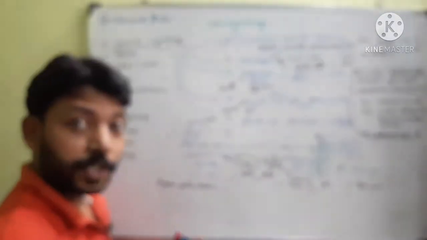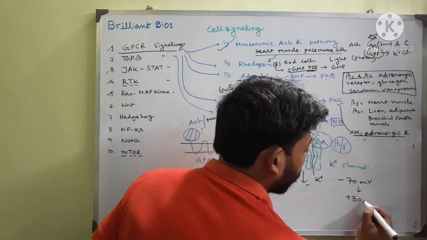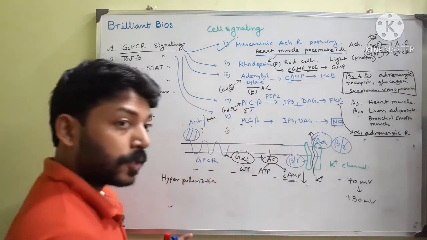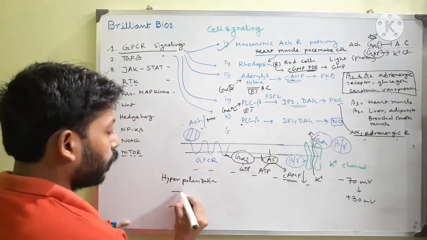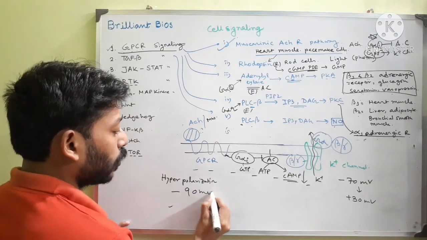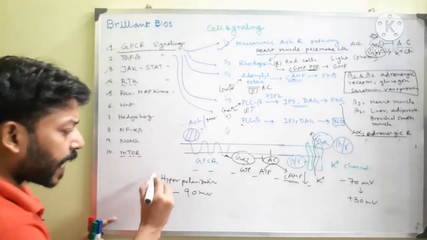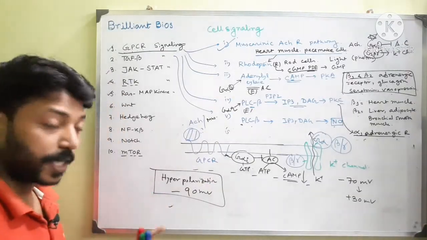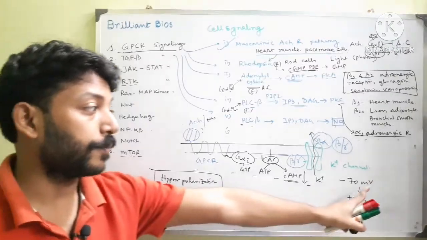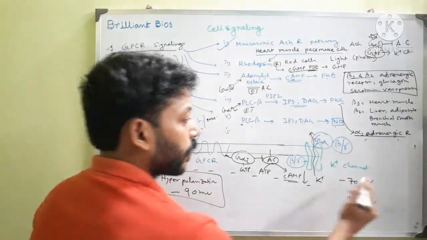Okay, when depolarization occurs, that means an action potential occurs, and the voltage changes to positive, plus 30 millivolts. But when hyperpolarization occurs, the value becomes minus 90 millivolts or so, meaning less than minus 70 millivolts. And when any cell becomes hyperpolarized, it becomes more negative than the resting membrane potential. This is the resting membrane potential.